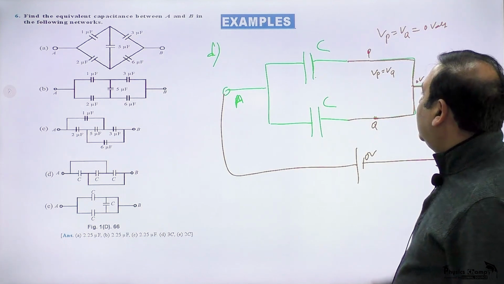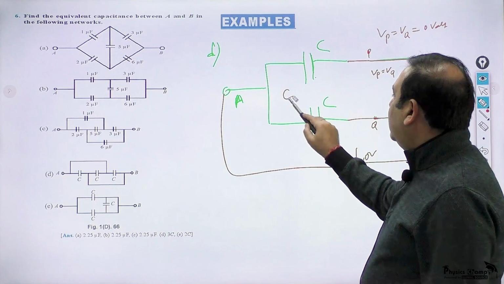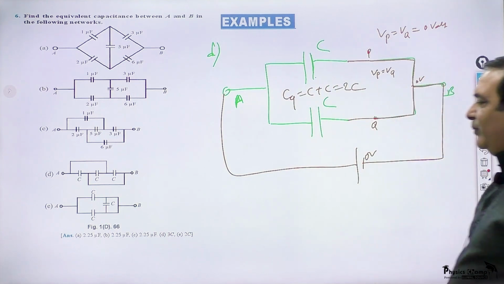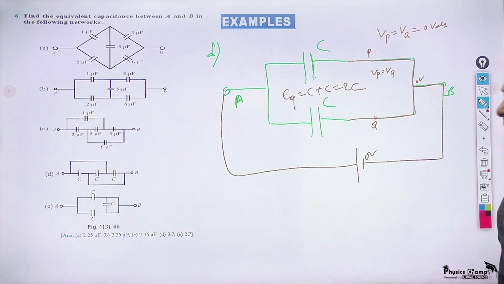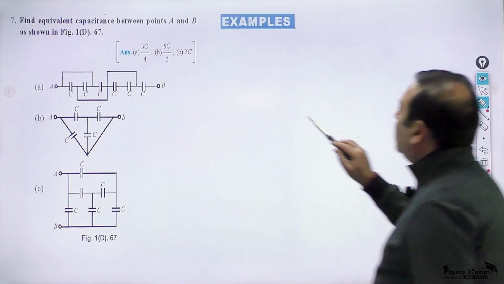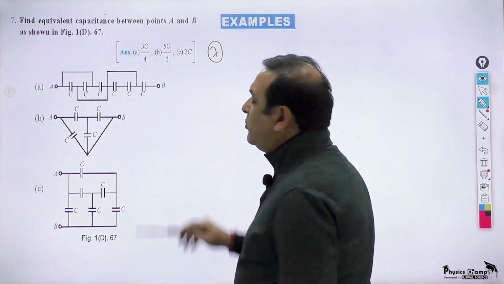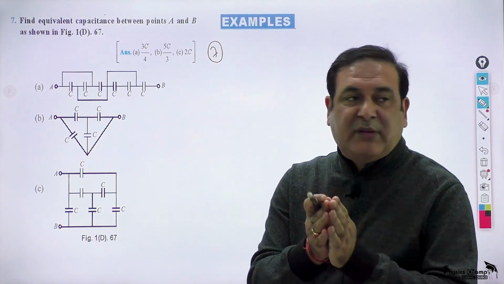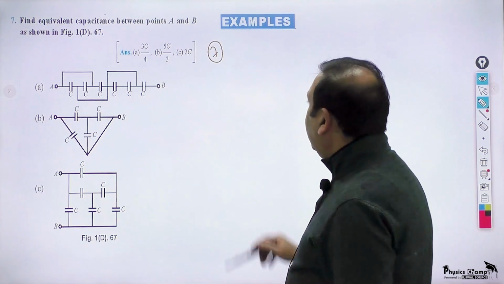And in this arrangement, 2C are in parallel, so C equivalent will be C plus C, that is 2C. So that's how I have taken 5 cases in this example 6. They are confirming your concept of Wheatstone bridge. Now taking a little further, I take this question number 7. It also has some inclusion of the concept on Wheatstone bridge that we have learned earlier, like A part.